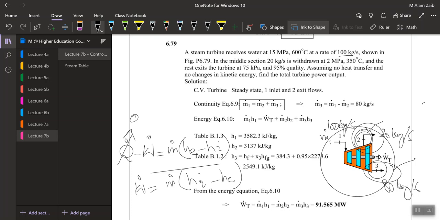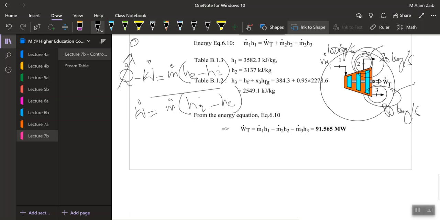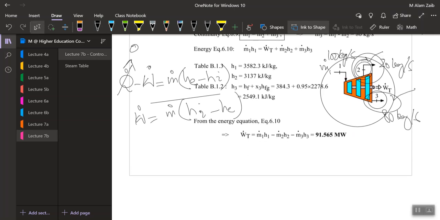Now this equation would not be the same for this current problem. We have the mass at the inlet, m1, and enthalpy at 1, h1, minus the exit terms, but we have two different enthalpies and masses.